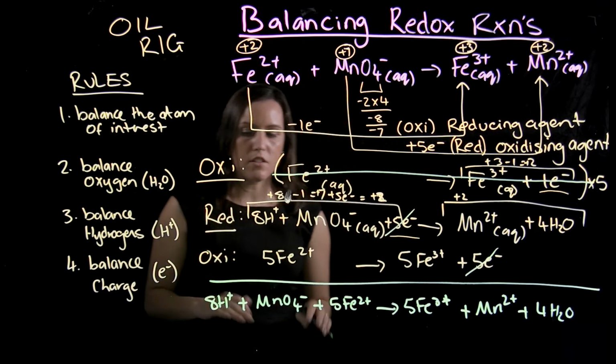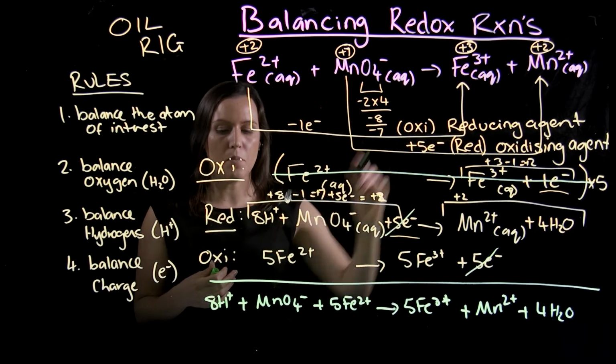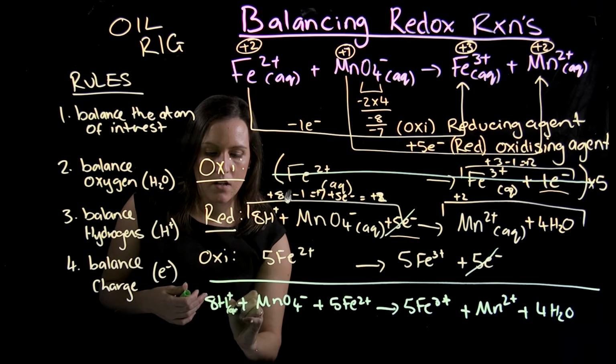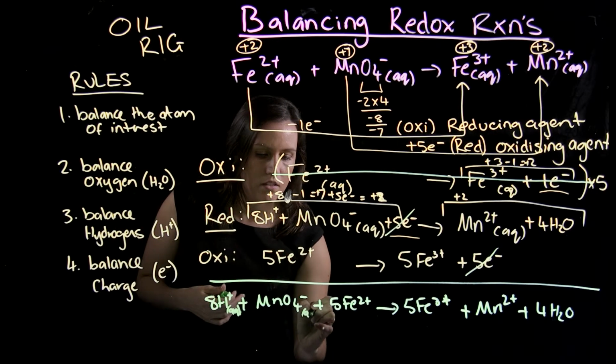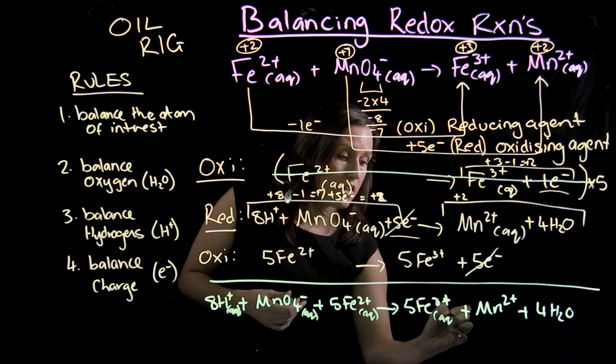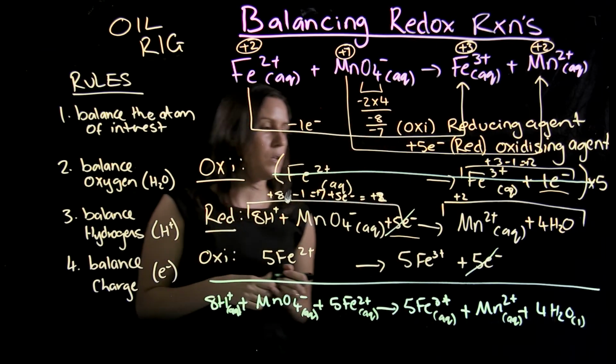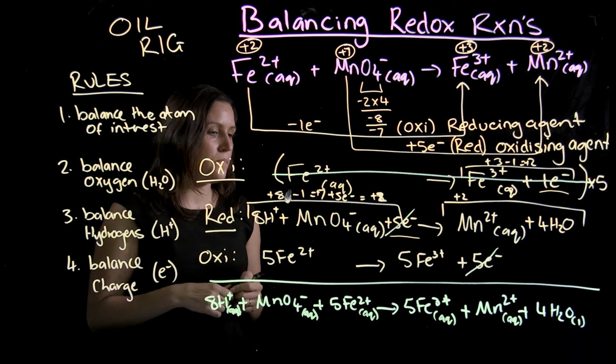Okay, so that looks good. So in the final step, you have to put in the states. So we were given the states in the top part, so we have to keep them in. So remember, H plus is aqueous. These ones were aqueous at the beginning. And water in these questions is in the liquid state. Okay, so we keep it in the liquid state there.